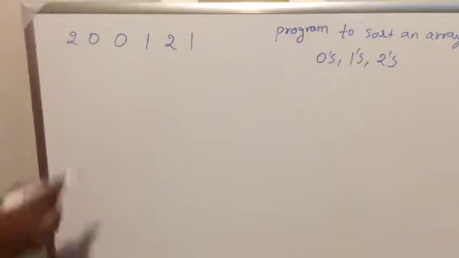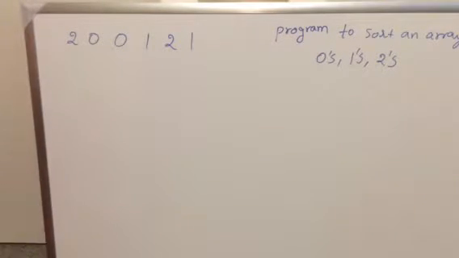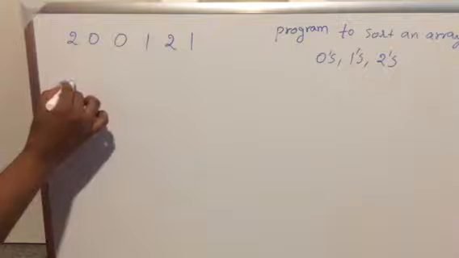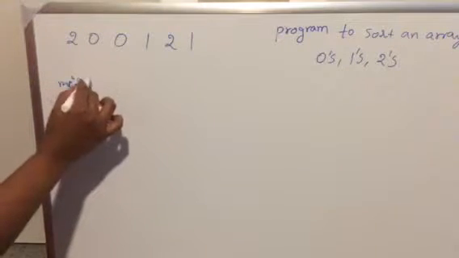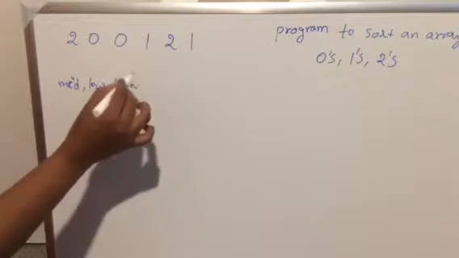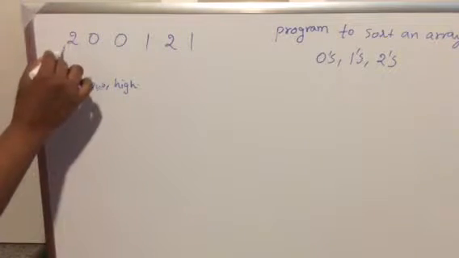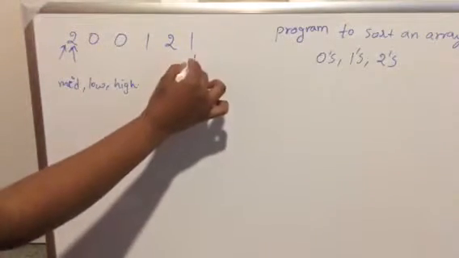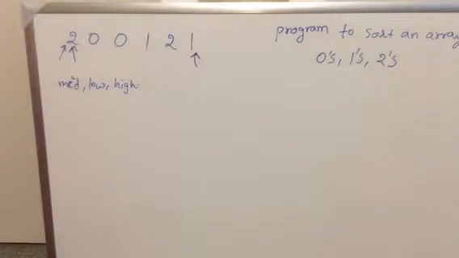So now we'll take three pointers: a low pointer, a mid pointer, and a high pointer. Always the mid pointer and low pointer will be here, and the high pointer will be here.